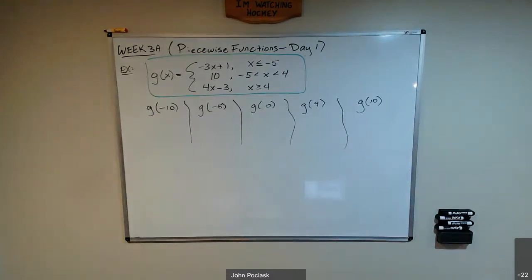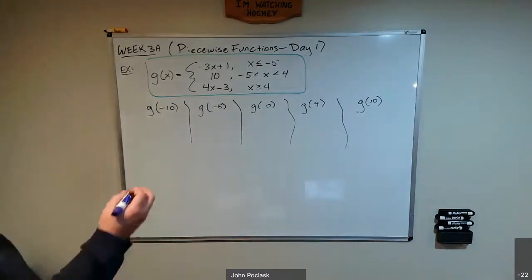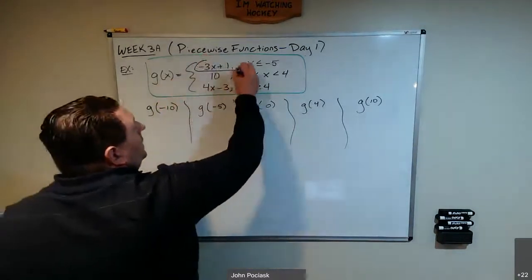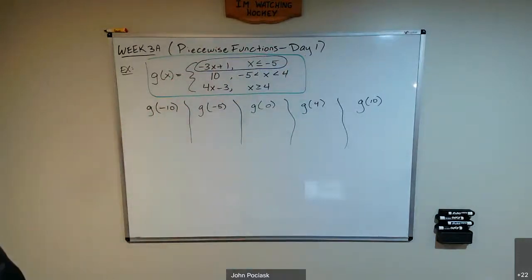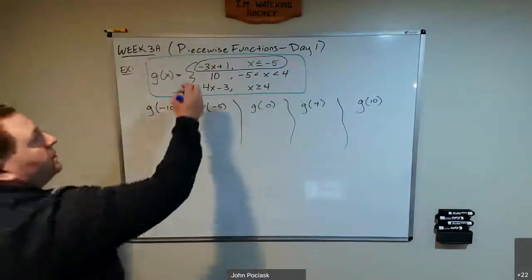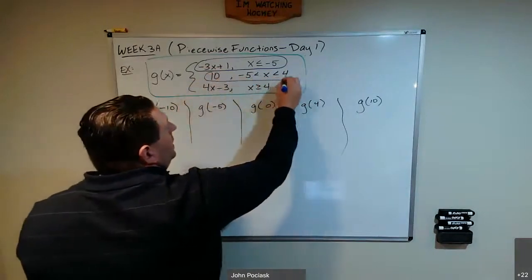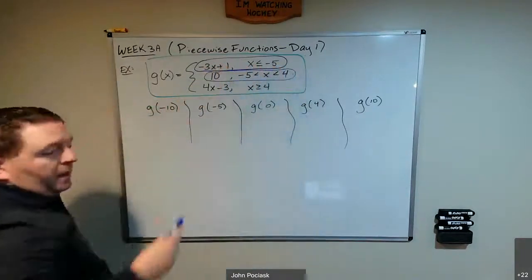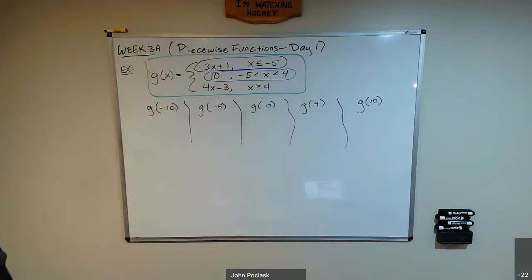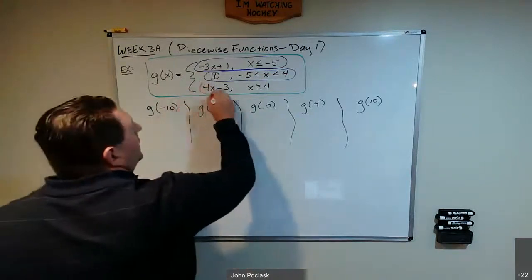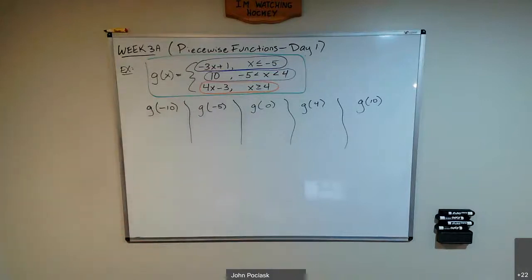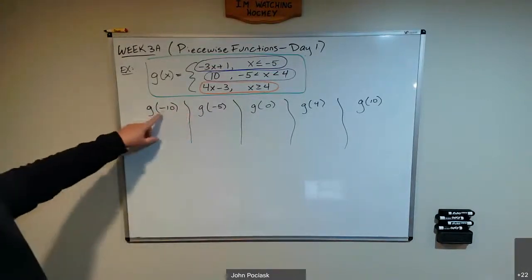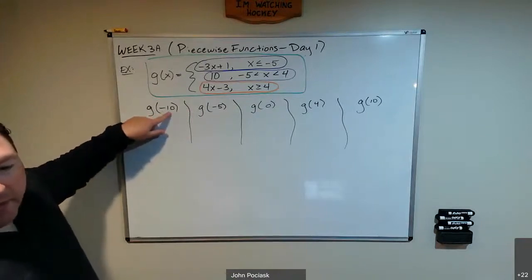Okay, so I'm just going to highlight again what is tied together. I'll make this purple. I'll make this blue. And then I'll make this one orange. So now you're given a value of -10 to evaluate.